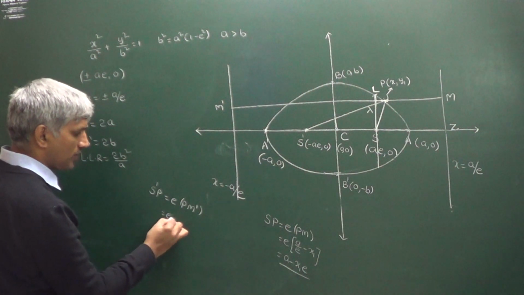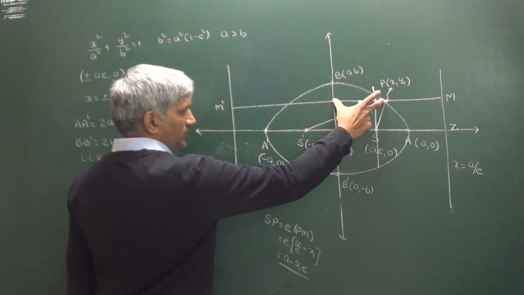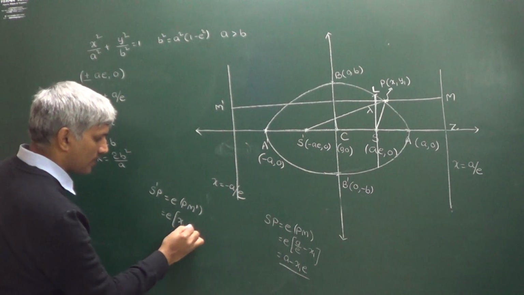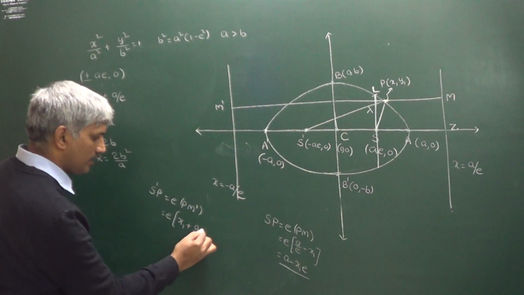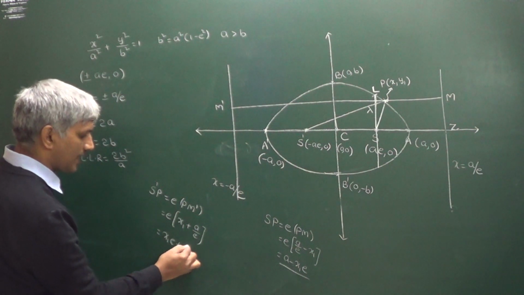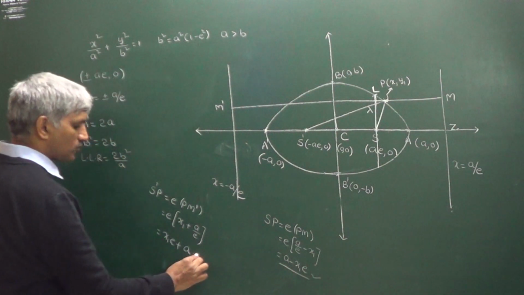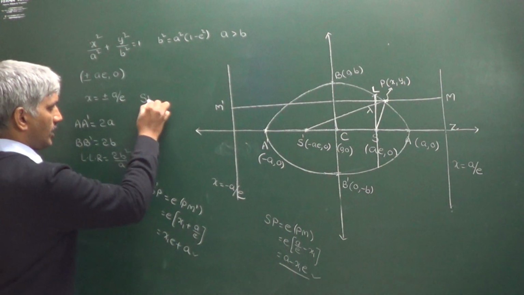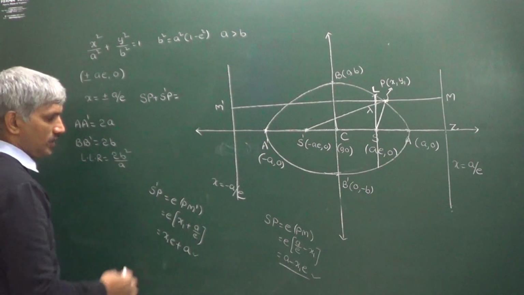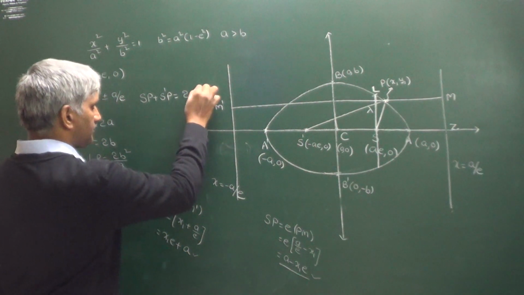Now that is e times, what about the length of PM'? This length is x1 and this length is a/e. So we can write x1 + a/e. Now I can write this as e x1 + a. SP we got this one and S'P we got this one. So SP + S'P, these two added, we will get 2a.